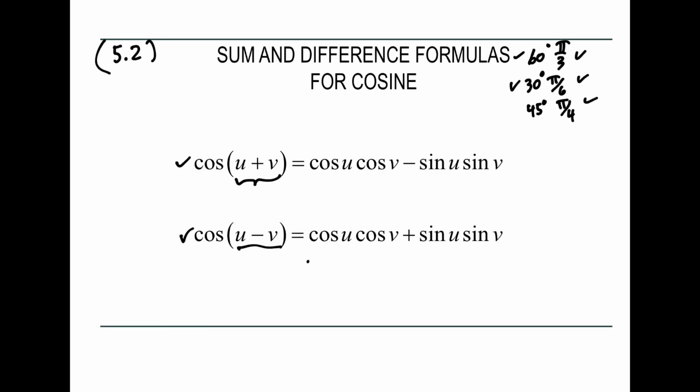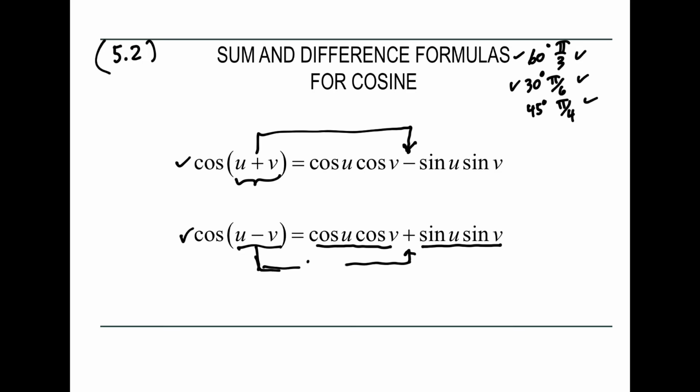Notice that with the cosine formulas, we have cosine u, cosine v, sine u, sine v, and if we're subtracting, this becomes the opposite. If we're adding, it becomes a subtraction.